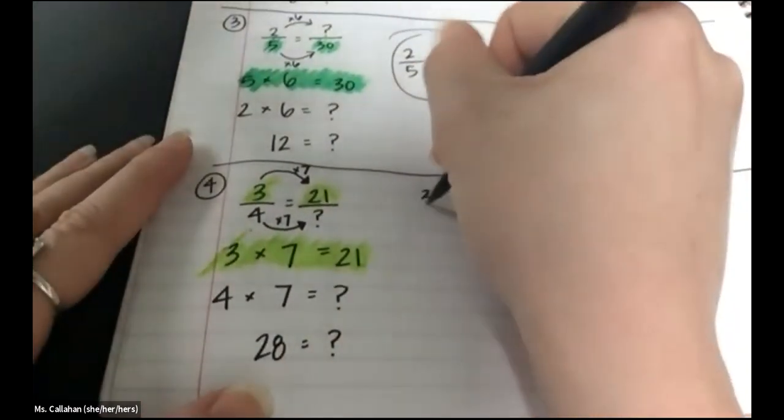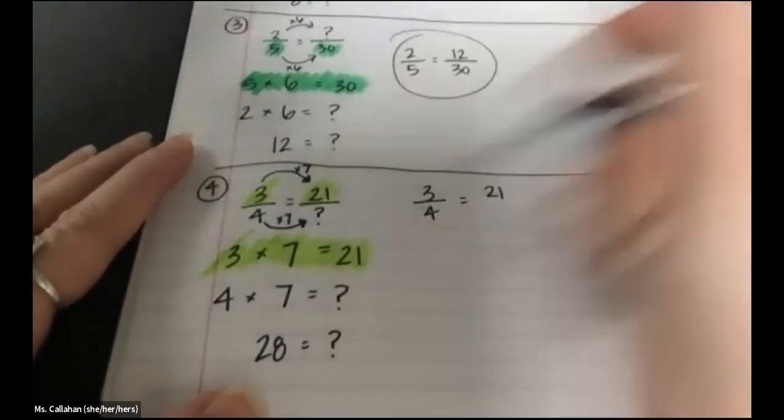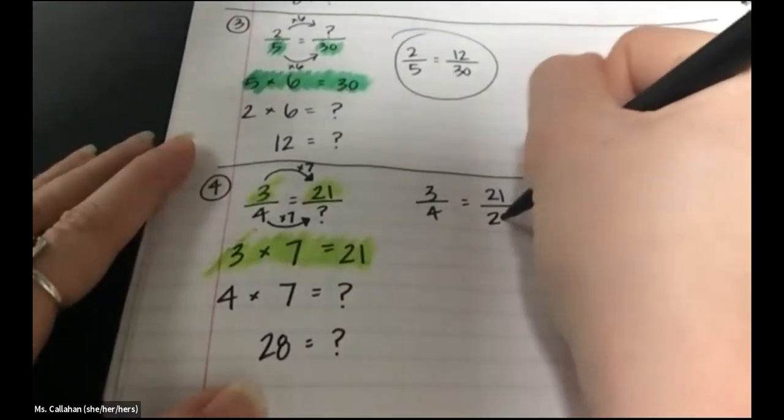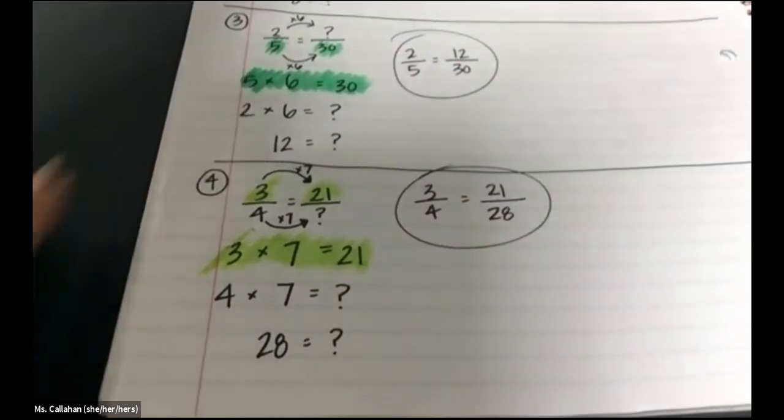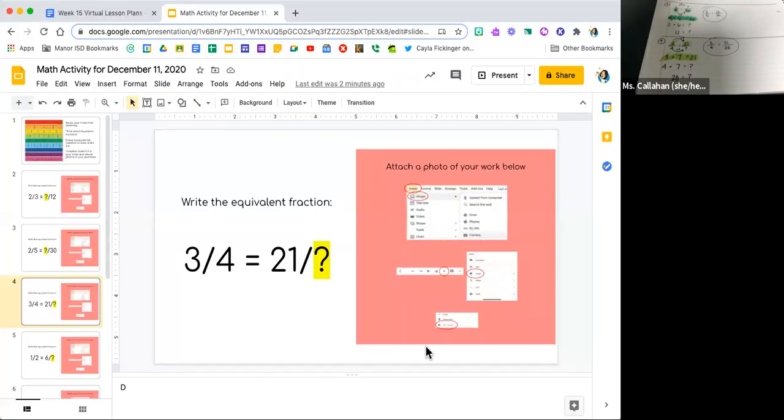Let's label this. Right? Because we knew our numerators. Now I can plug it up. 3/4 equals 21 over question mark equals 28. This is my answer. I am going to take a photo of it on the assignment. Okay. Now, don't forget, I need a picture on this one, and this one.